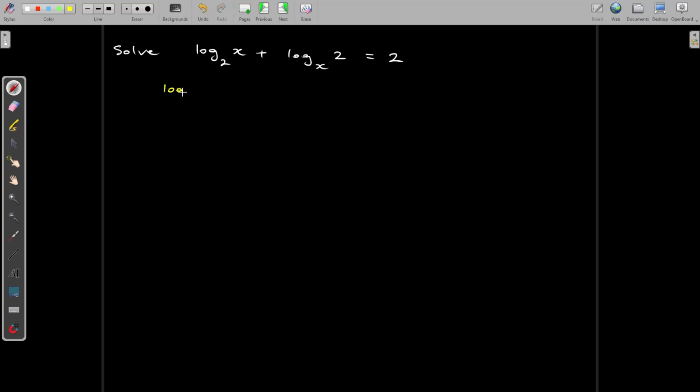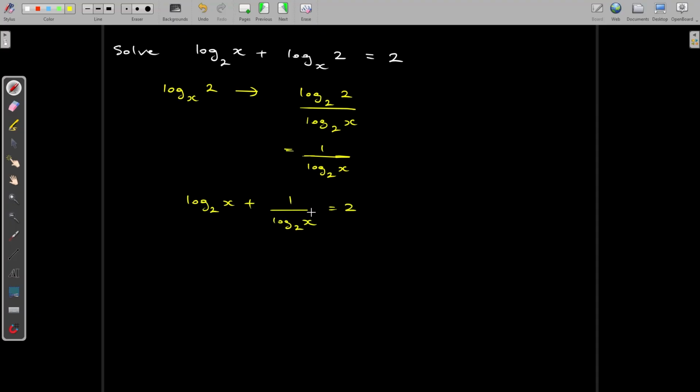So log base x of 2 to base 2, that's 1 over log base 2 of x. So now we can rewrite this as log base 2 of x plus 1 over log base 2 of x is equal to 2.